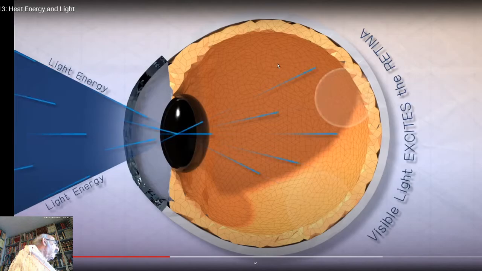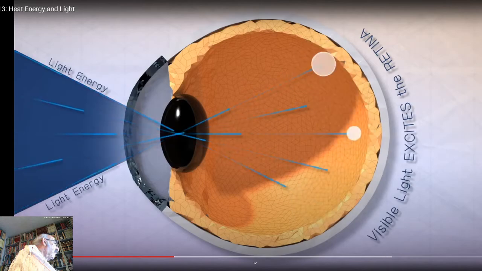Can you see? The retina has nervous terminals, nerve endings that can turn light energy into electrical energy that goes to our brain.